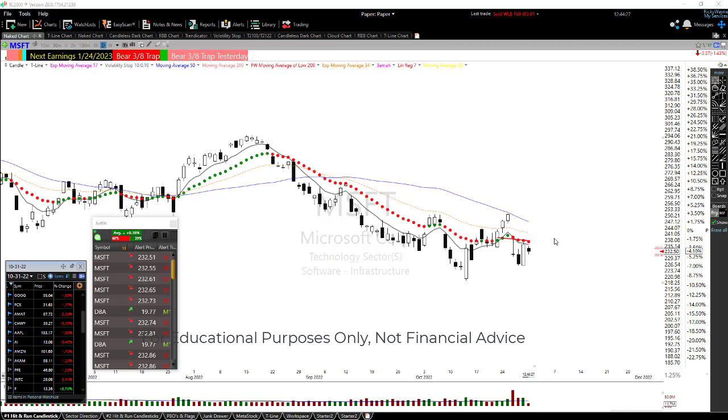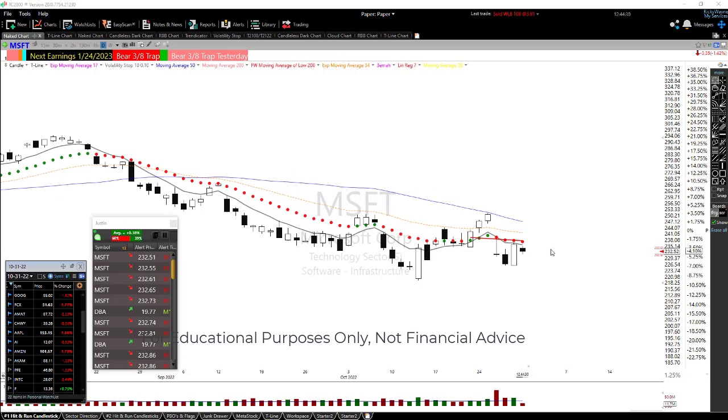Now somebody else might say, hell no, short it, and you might be absolutely right. Somebody might say, heck no, go long this chart, and you might be absolutely right. It's about what information you have and what information you use.